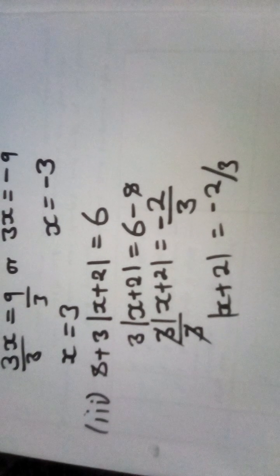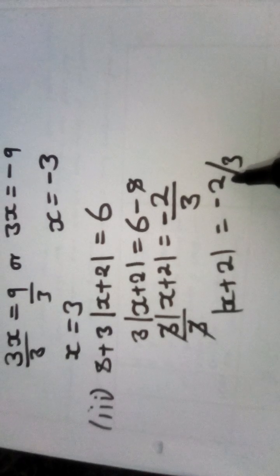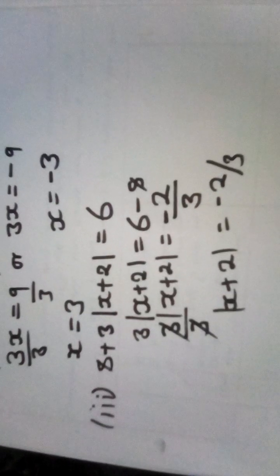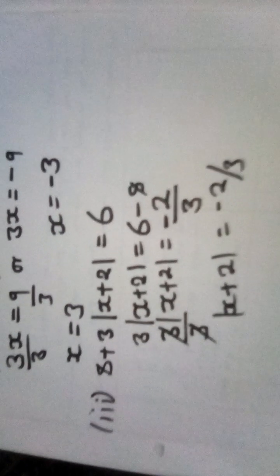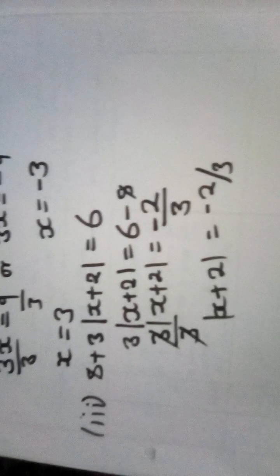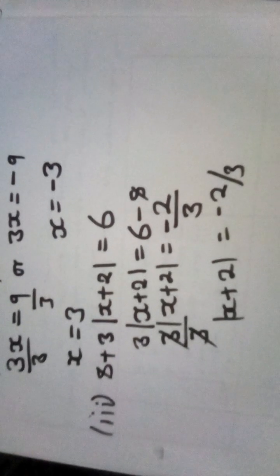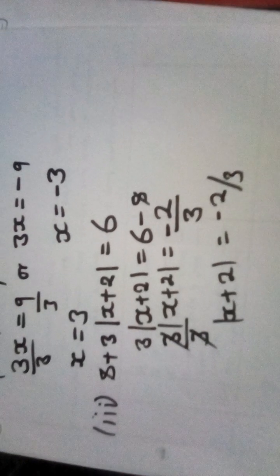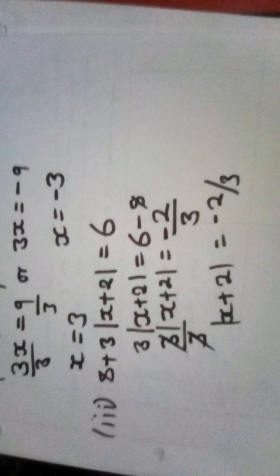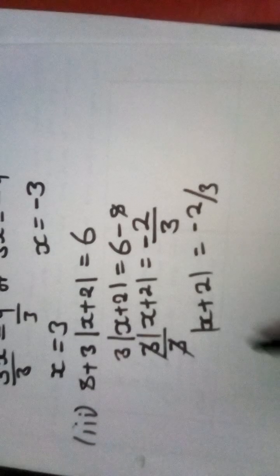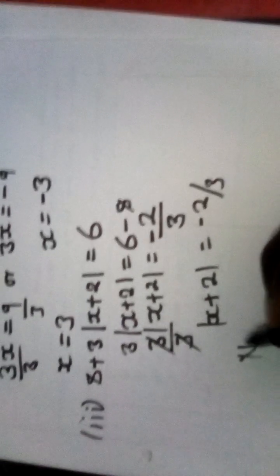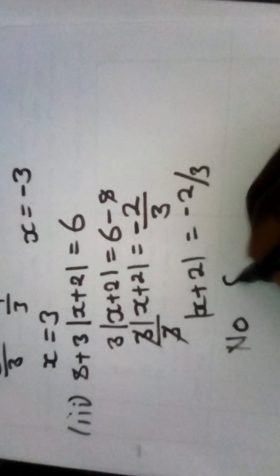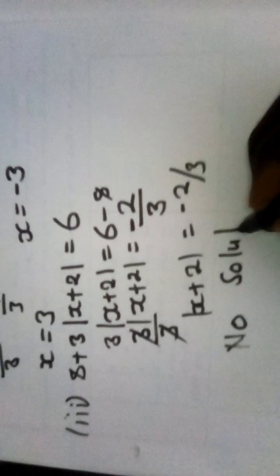Negative 2 over 3, when you divide this, is going to give you something like negative 0 point something. So it implies that that particular value we are going to find is less than 0. And what does the rule state? If our absolute value is equal to a negative number, then there is no solution.